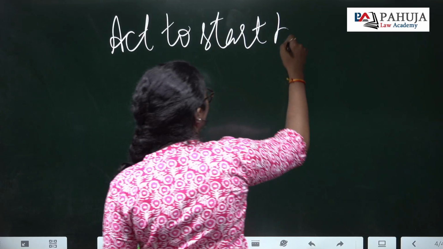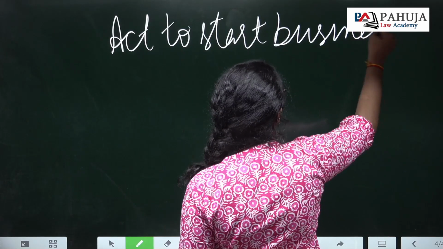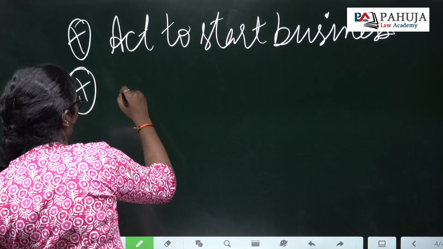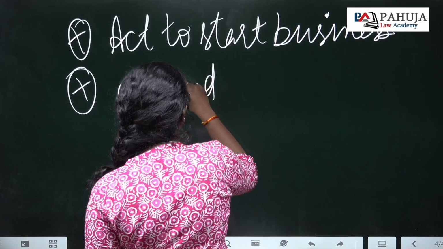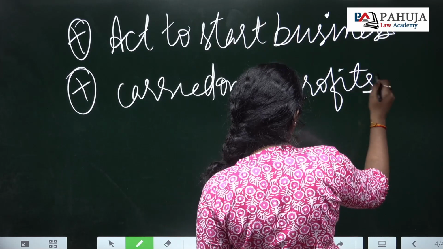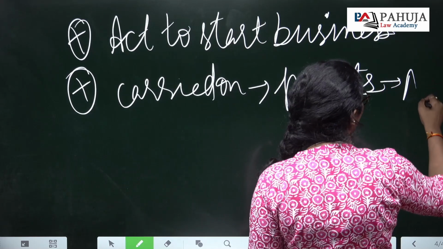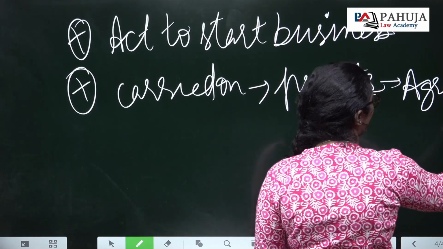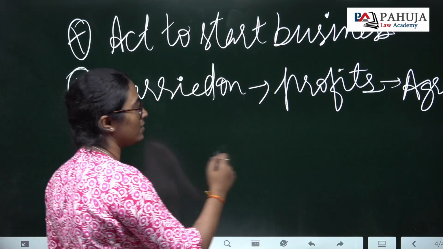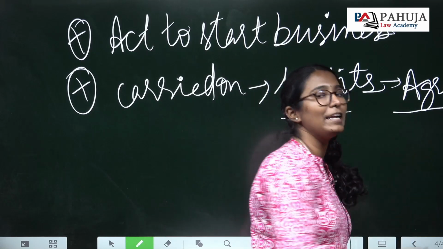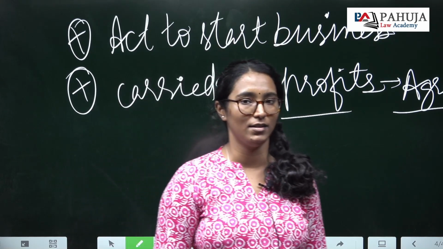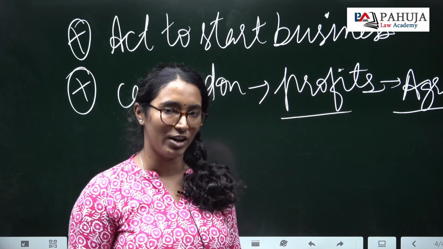And the second important thing that was held by the apex court here was that this business must be carried on for sharing profits, which should be shared between partners on the basis of the share agreed between them. So, the apex court held that Pratibha Rani was not a partner in the business of her husband.